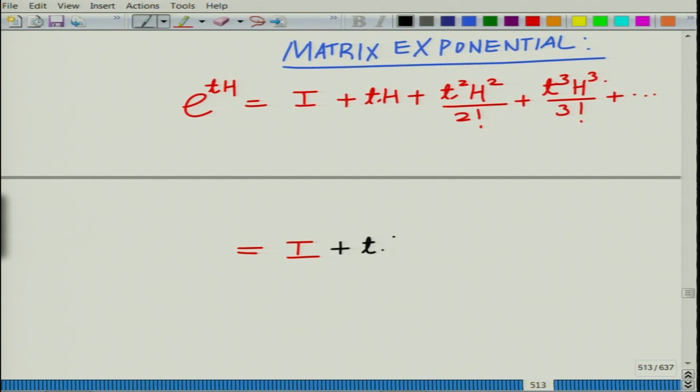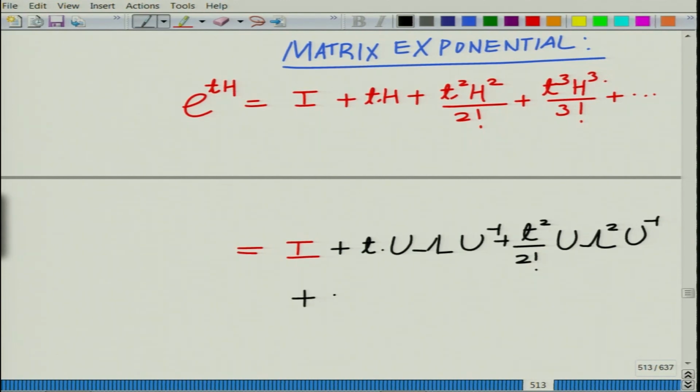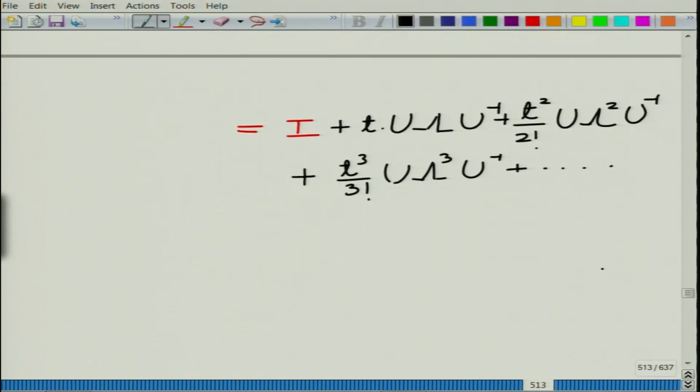Substituting the decomposition, this is equal to I plus t times U lambda U inverse plus t square by 2 factorial U lambda square U inverse plus t cube by 3 factorial U lambda cube U inverse plus so on. The identity matrix I can also write as U times U inverse.